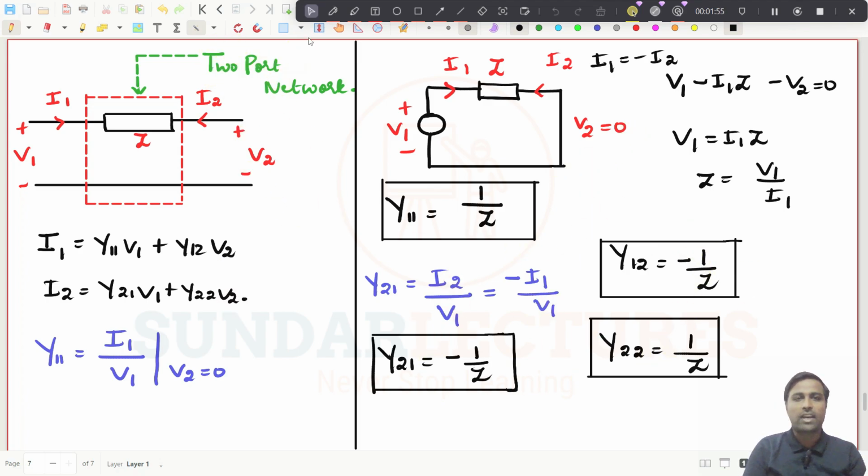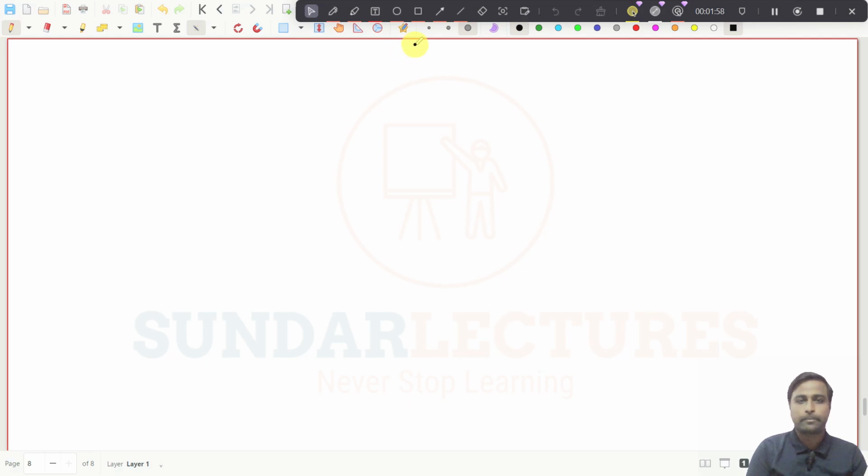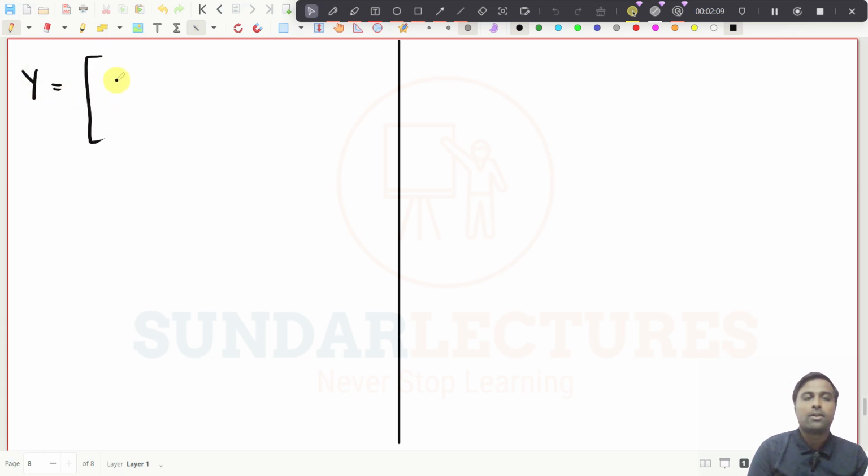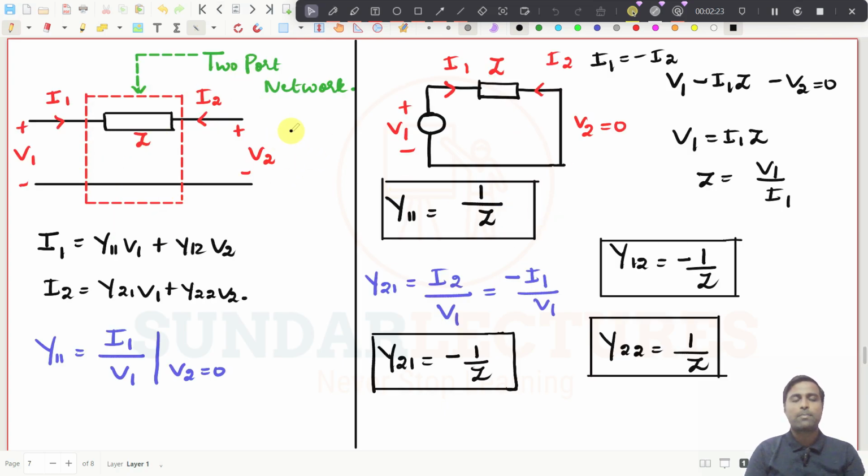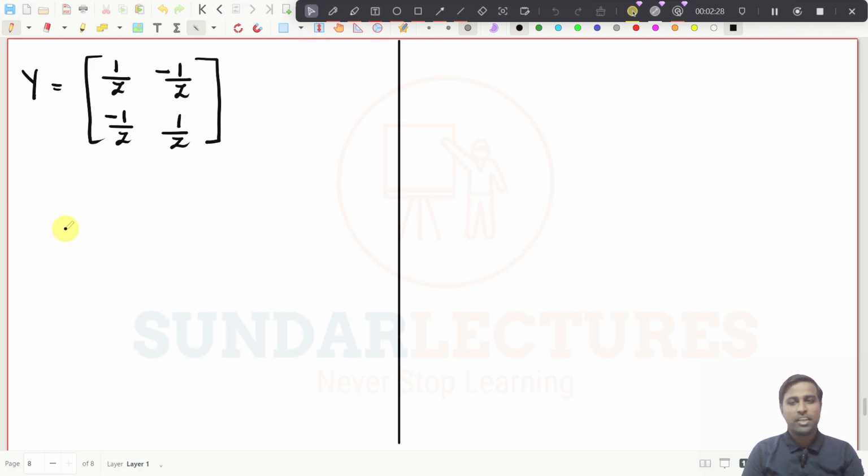So now if I consolidate this, I will write it down here. The Y matrix I am getting is 1 by Z, minus 1 by Z, minus 1 by Z, 1 by Z. This is the Y matrix for this particular circuit.